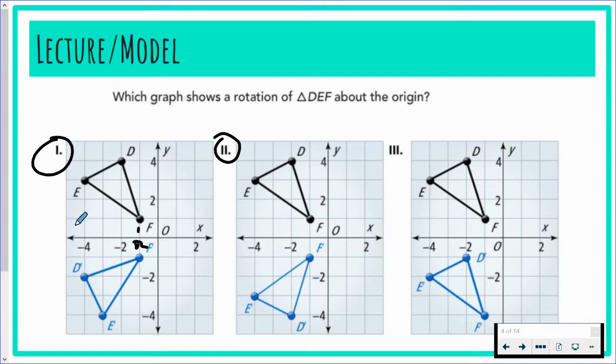These were both kind of turned from quadrant 1 to quadrant 3. But number 3 absolutely looks like a translation where it was just slid up. Actually, nope, I lied. It still is number 2, because from D to E looks a little bit longer than it should be. So definitely number 2.